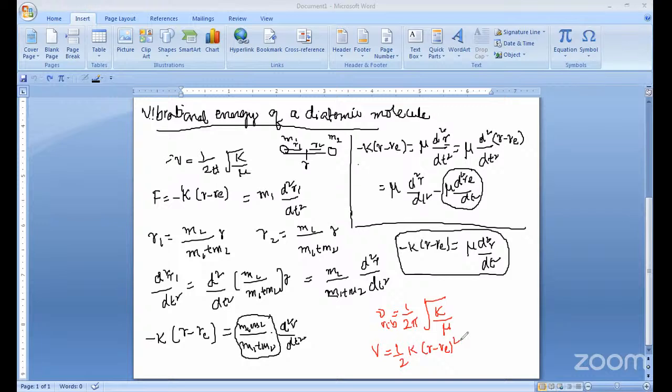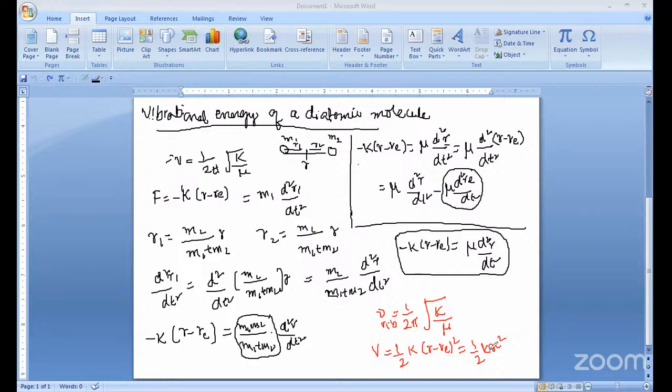We can write this simply as half K x square, where x is the displacement of the atom.